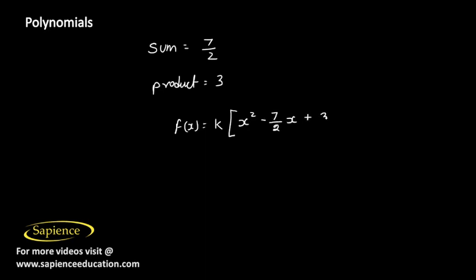We got sum as 7 by 2, and product as 3. And f of x will be equal to k into x square minus 7 by 2 into x plus 3. In order to get rid of the denominator, we will multiply everything with 2. So k into 2x square minus 7x plus 6. This is the answer.